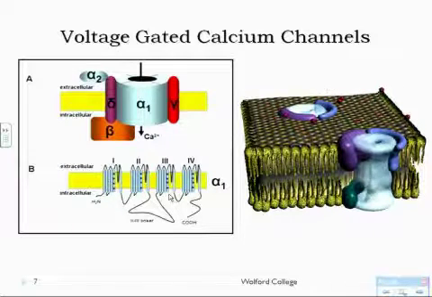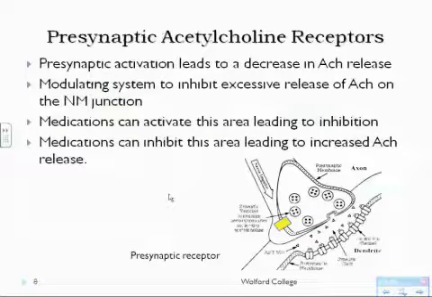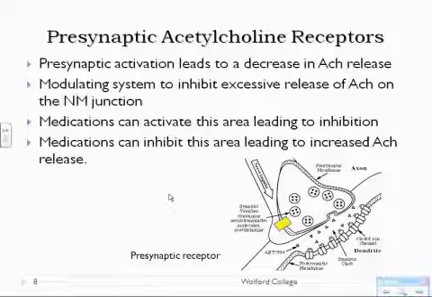Now, the presynaptic acetylcholine receptors: presynaptic activation leads to a decrease in acetylcholine release, which I was just telling you about. This is the modulating site to inhibit excessive release of acetylcholine at the neuromuscular junction. This is a feedback mechanism to shut down the system. Now, the other thing that can also happen is that neuromuscular blocking agents act in two ways.